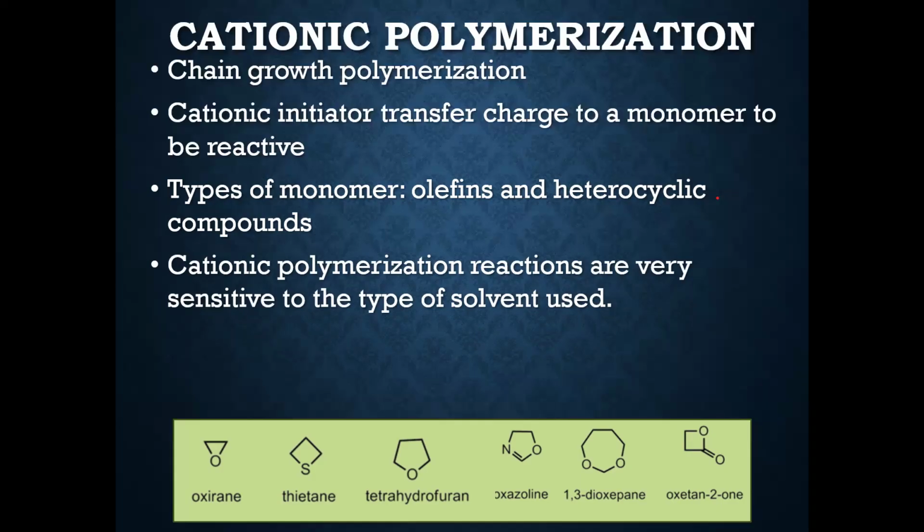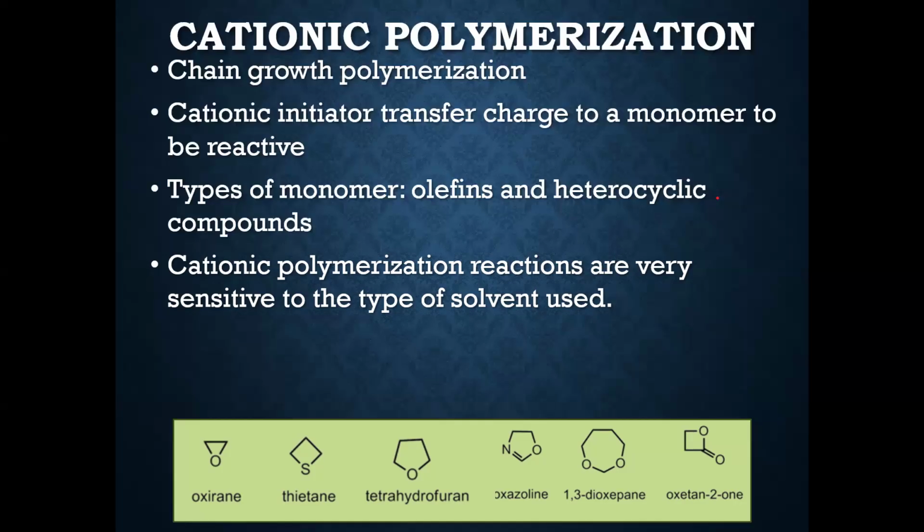Of course, cationic polymerization is very sensitive to the type of solvent used. So we have to be very careful when we choose the solvent in which the reaction will be carried out. Because we don't need a solvent that can dissociate and trap the positive ion of the monomer. We need this positive ion to continue and to attack more monomers for the polymer chain to grow.